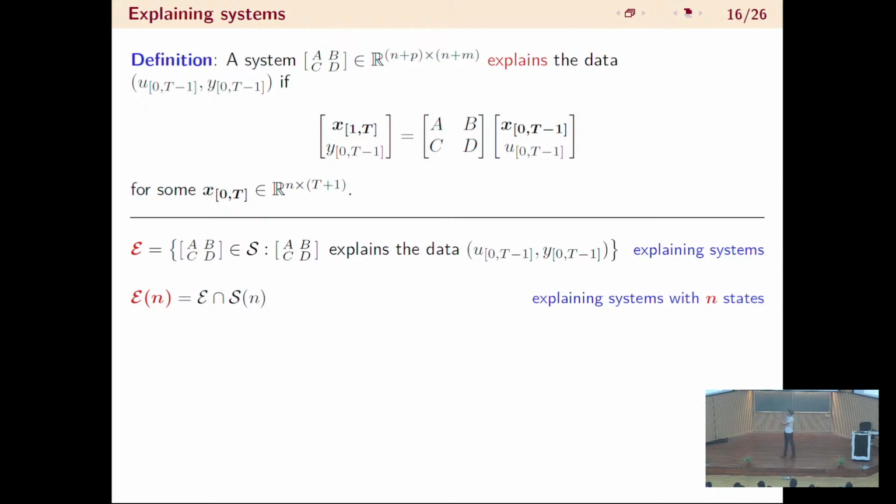So that's the intersection of the set of explaining systems and the set Sn of state space systems of exactly n states. Similarly, you can also look at systems that are explaining the data with precisely n states and lag L, and we denote that by this set ELN. Again, those are explaining systems with exactly n states and lag L.